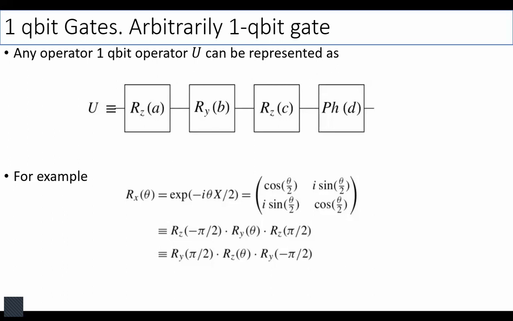It tells us that rotation over X and rotation over Y are conjugate. So long story short, any one-qubit gate is possible if you can realize rotations.